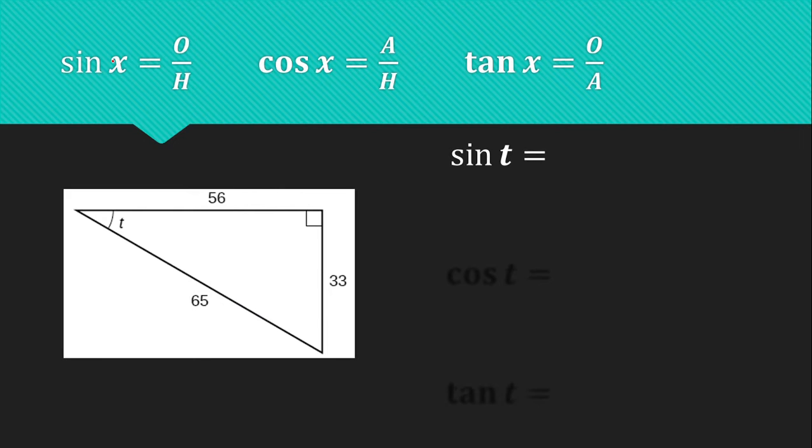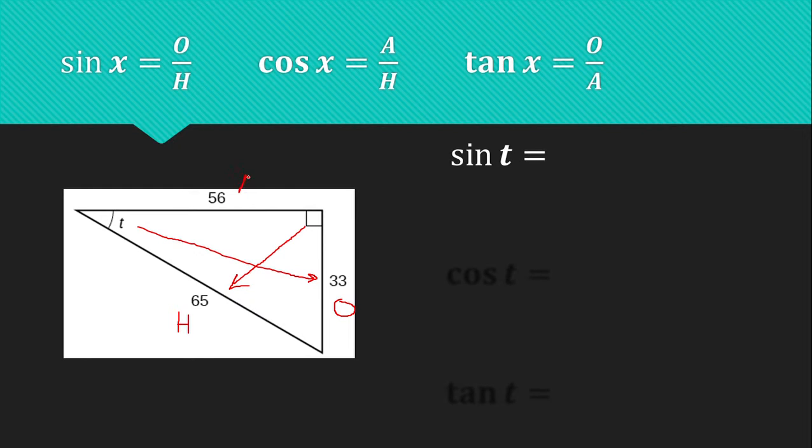So let's say we have to use this picture and find the sine of angle T. Well, I know that sine is opposite over hypotenuse. So what I like to do is label my triangle first, like we did on the last slide. So the side across from the right angle is H, my hypotenuse. The side across from angle T, this 33 over here, that's my O, opposite.